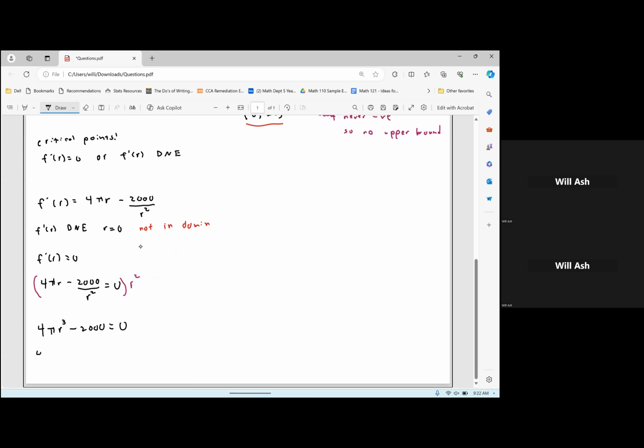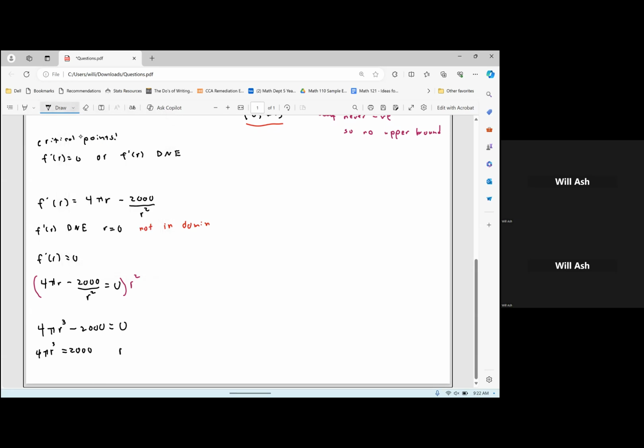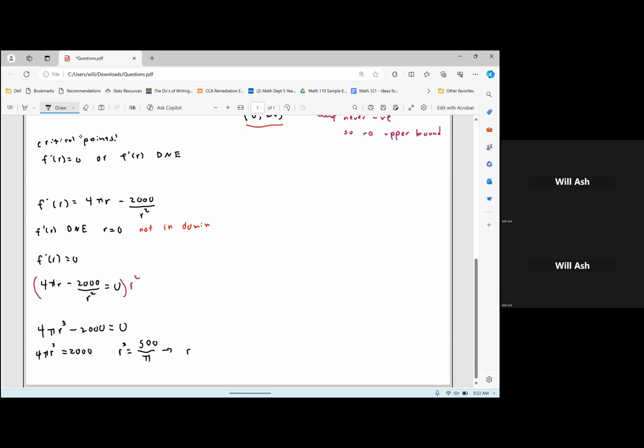I guess that's 4 pi r cubed is equal to 2,000. We'll divide both sides by 4 pi. Let me see, 2,000 divided by 4 is going to be 500. Then we'll take the cube root. And there we go. r is the cube root of 500 over pi.